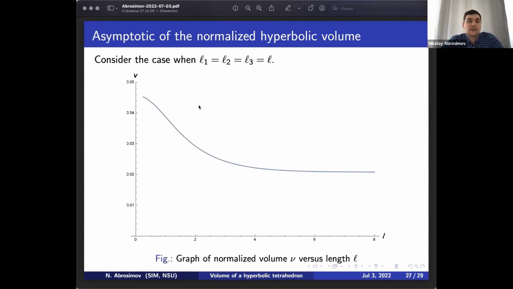And again, considering one parameter subfamily of our tetrahedra, we can draw a graph of the normalized volume nu in terms of length L. And here we see that as L is increasing, the normalized volume is monotonically decreasing.